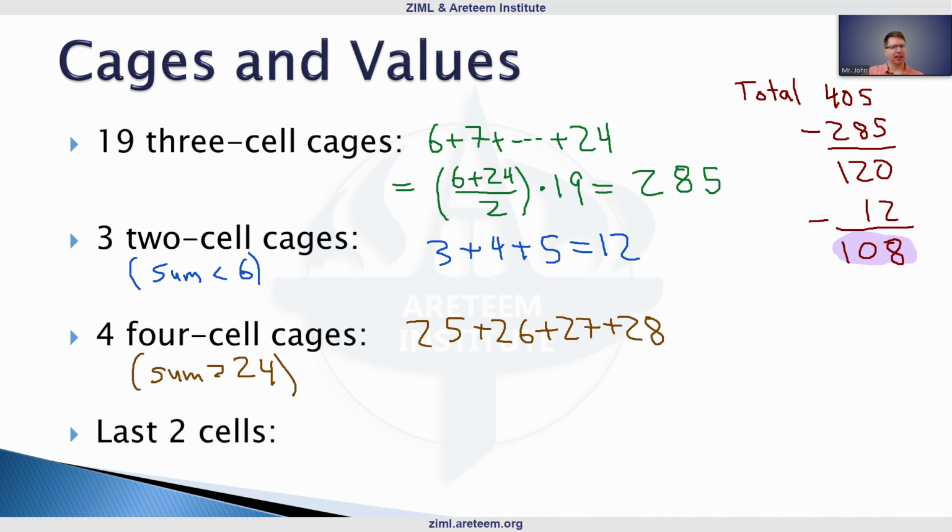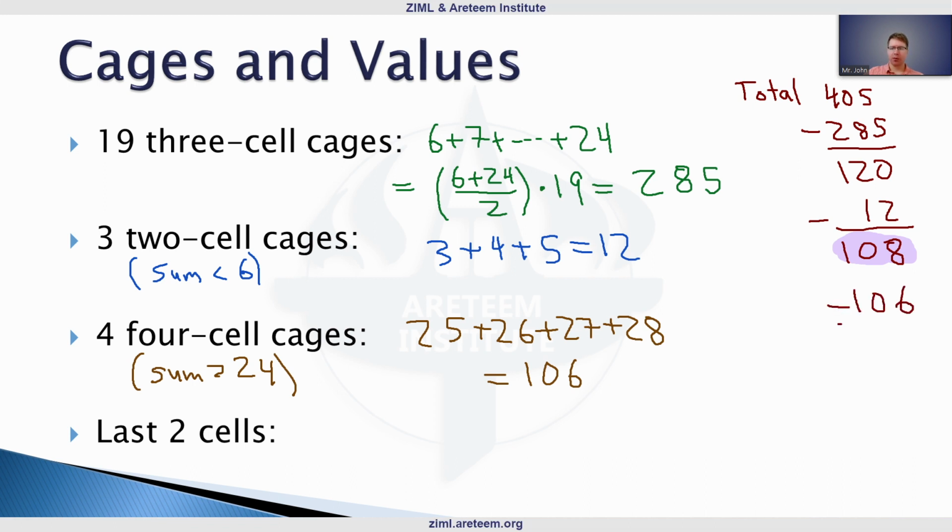But wait a second, this is 100 plus 1 plus 2 plus 3. This is already 106. Why is this 106 relevant, right? And remember, this is the minimum possible. This is the smallest 4 sums there.